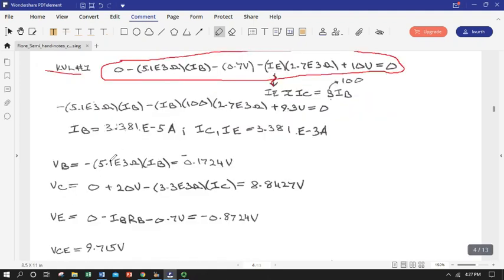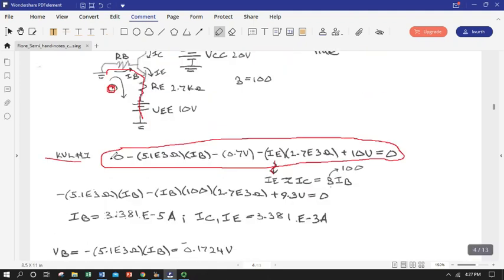So we can go back into our KVL loop. If we know the base current, we start at ground and we drop base current times the resistor, and now we have the voltage at the base. So that's negative 0.17 volts versus ground, where ground is 0.